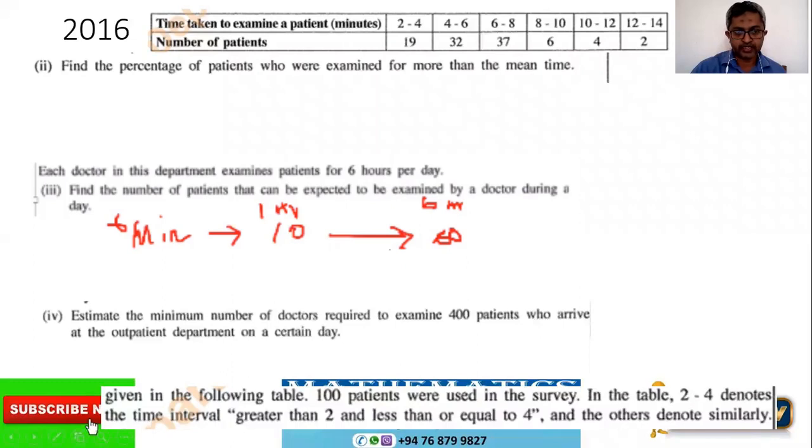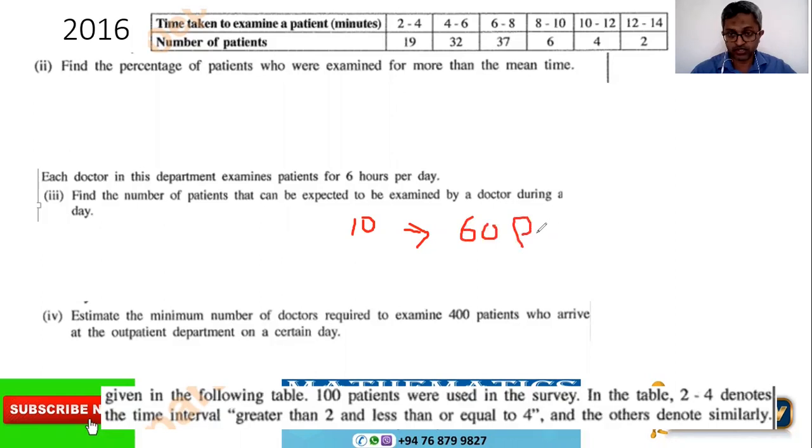The question says: estimate the minimum number of doctors required to examine 400 patients who arrive at the outpatient department on a certain day. During a day, how many patients can a doctor see? We saw 1 hour is 10 patients, and 6 hours is 60 patients. Use that.